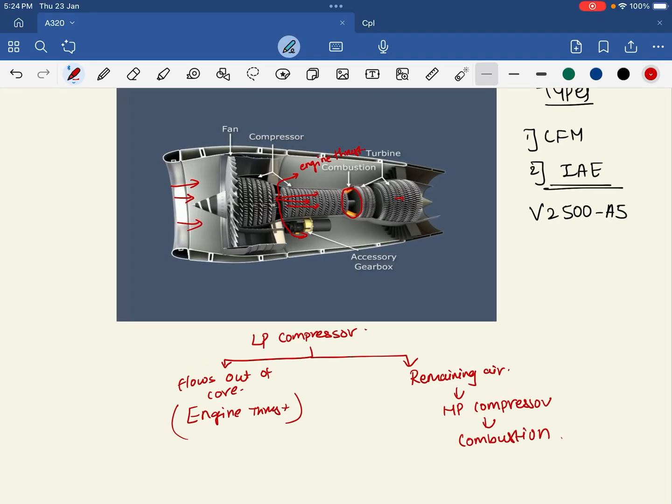After it goes to the combustion chamber, there are 20 fuel nozzles and 2 igniters. These 20 fuel nozzles and 2 igniters cause combustion of the fuel and air mixture.